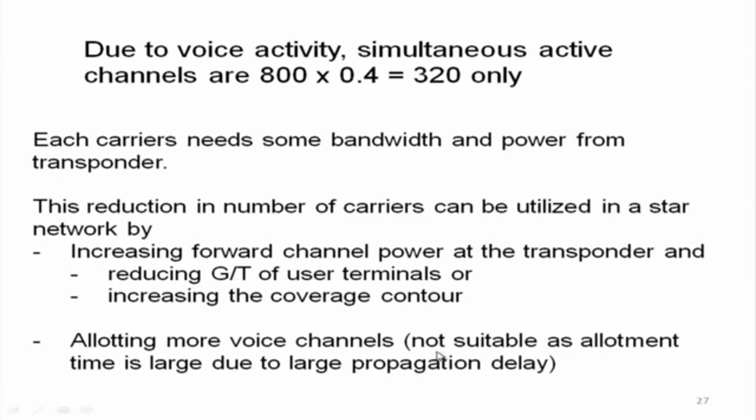So, this allotment procedure takes one hop, and you have to hold the voice for that. So, it is not suitable for a large propagation delay network, but for a small propagation delay network it is theoretically possible to allot more voice channels. In this satellite case it is not always used, but you can do the other things in terms of power.